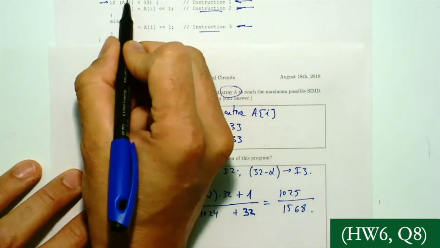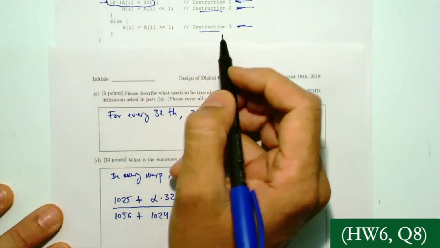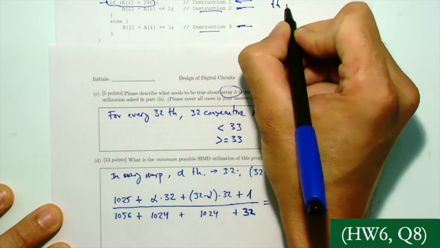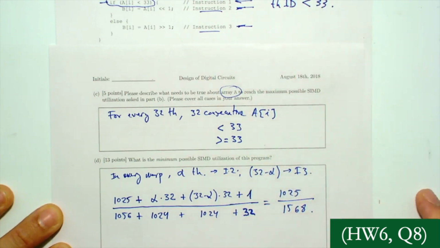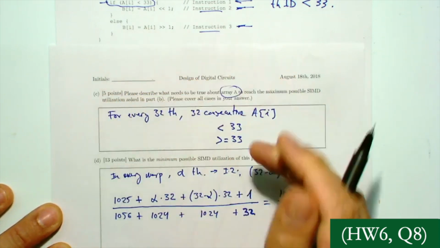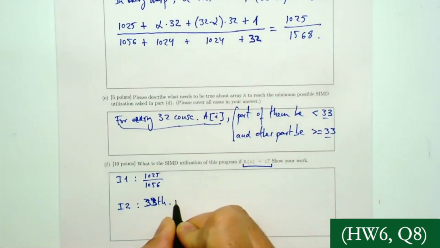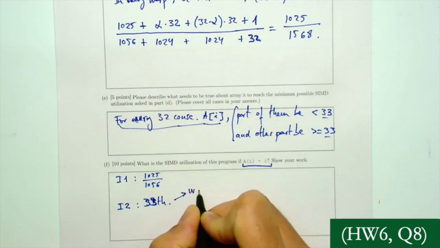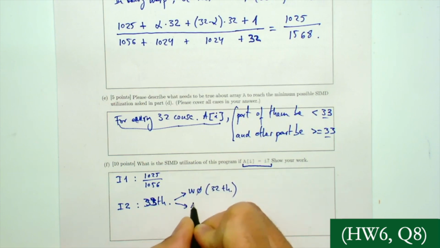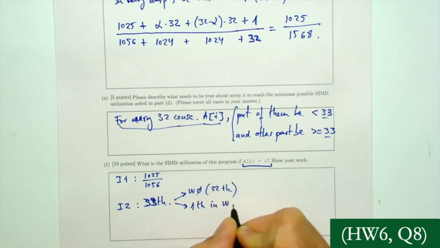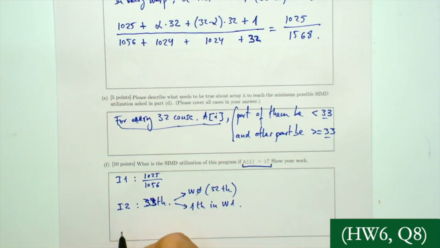Because this condition, the if statement, is only going to be true for threads with a thread ID lower than 33. So there are 33 threads that will execute instruction 2. And notice that this is the entire warp 0 composed of 32 threads plus one thread in warp 1. And then the rest of the threads will execute I3, including the thread in the last warp.